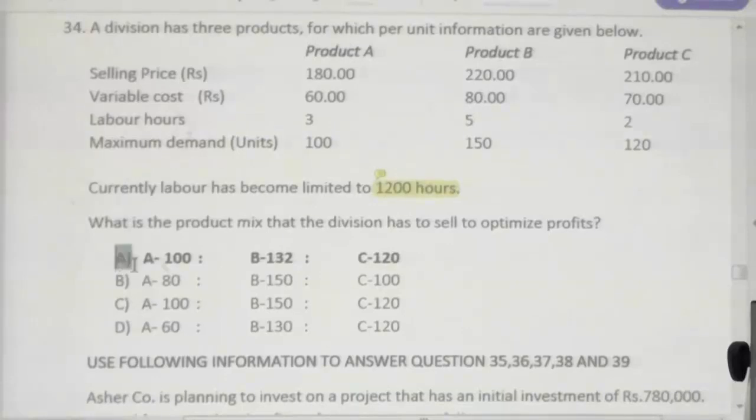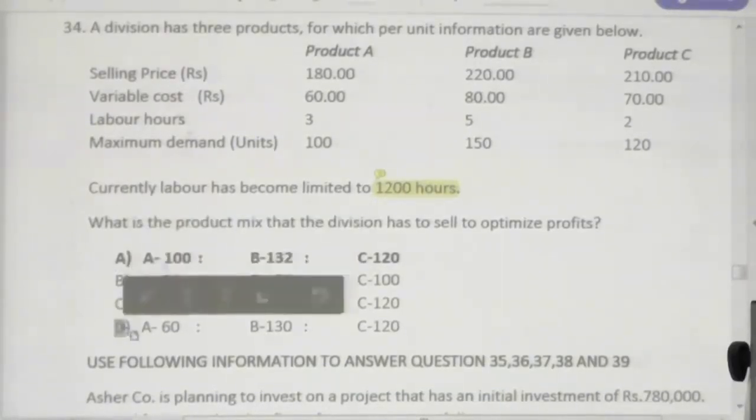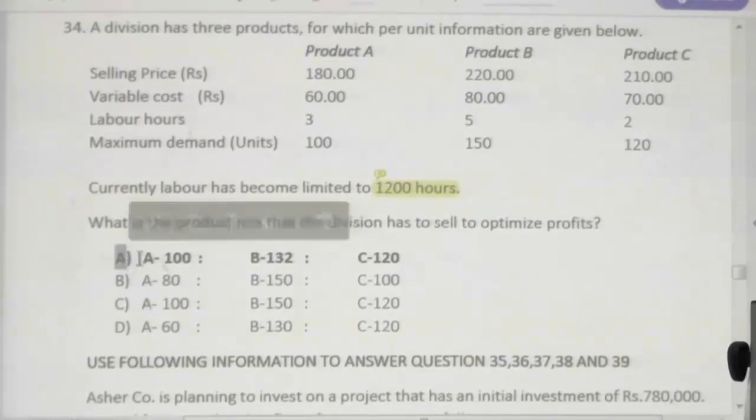Now you have filtered A, C and D, because C is 120. The second product you can produce is A. Since the deficit is only 90 hours, you can produce the entire 100. When you take the A quantity of 100, it is given only for 2 answers, A and C. Therefore, you can eliminate D from the answers. Now you have only 2 answers.